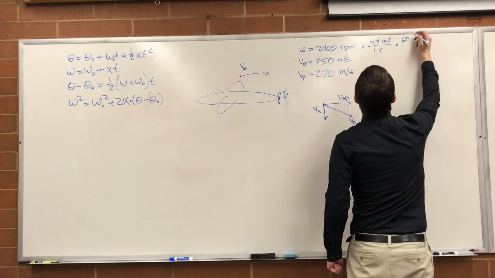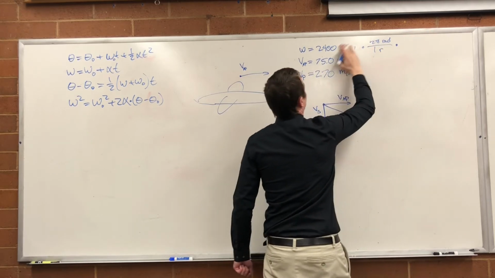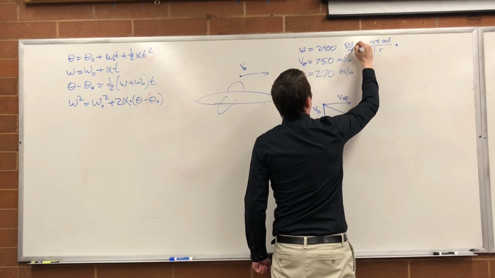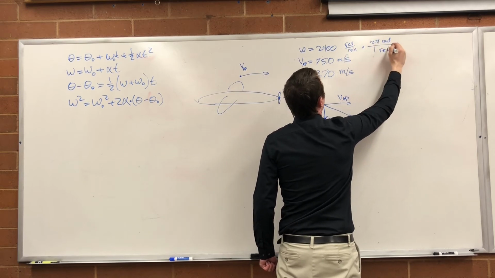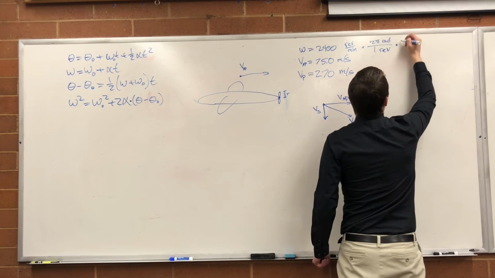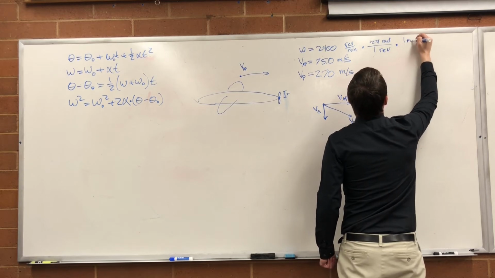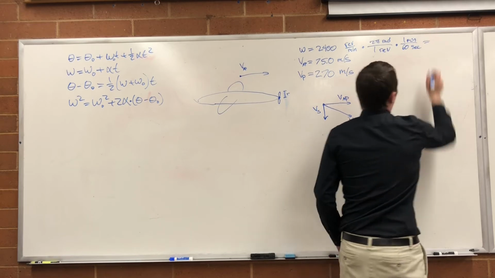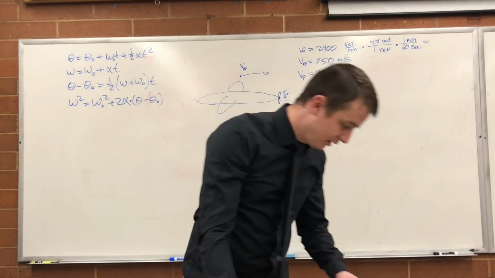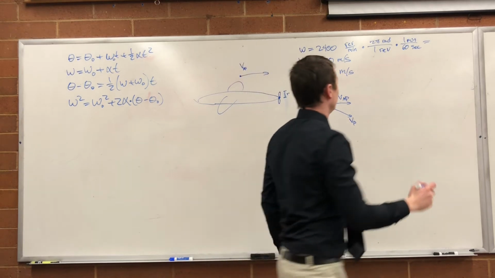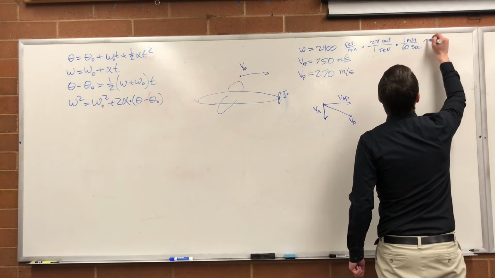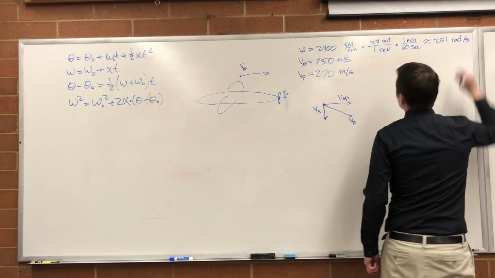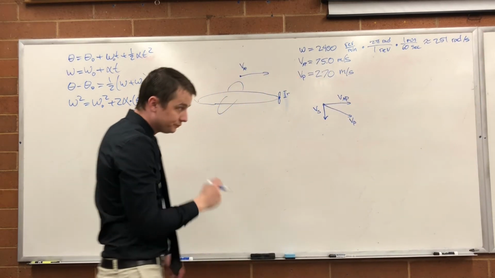Revolutions per minute is this. Okay. So this is 1 minute. This is 60 seconds. And when you do all that, it should come out to 251 radians per second. Okay, so there's our omega.